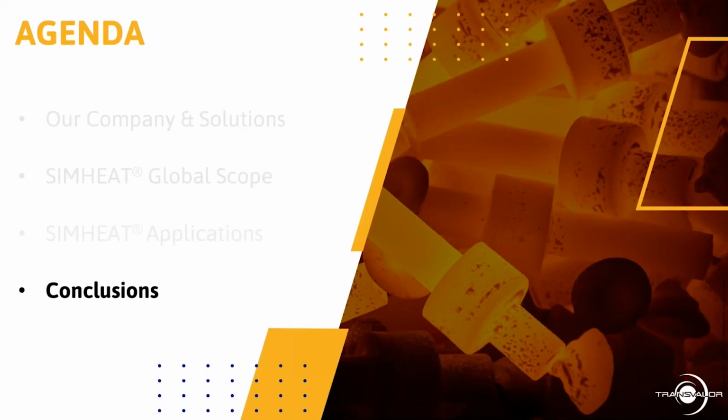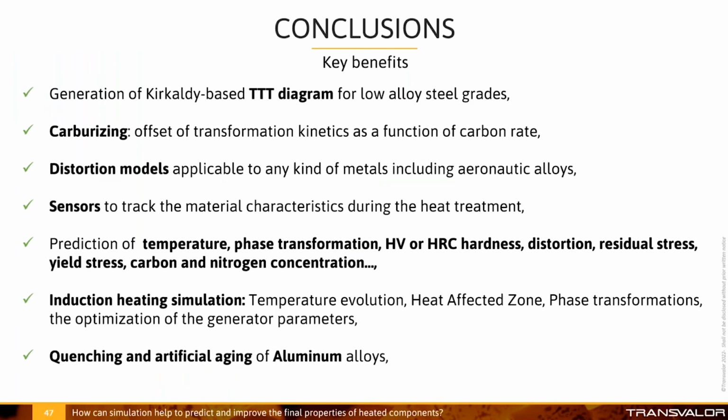Now we will go to the conclusions. The key benefit of our solution is that it is possible to generate KKLD-based TTD diagrams for low alloy steel grades. Like we saw together, it is possible to model carburizing and to make an offset even of the transformation kinetics as a function of the carbon rate.